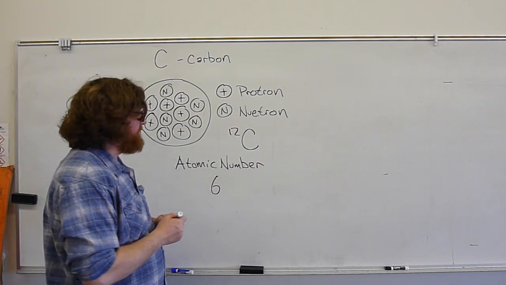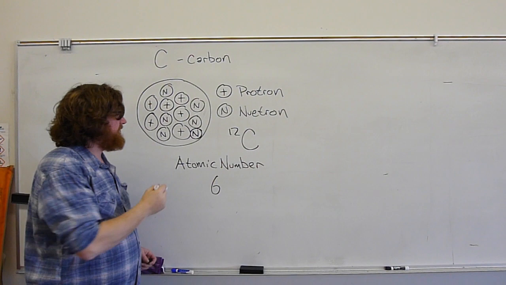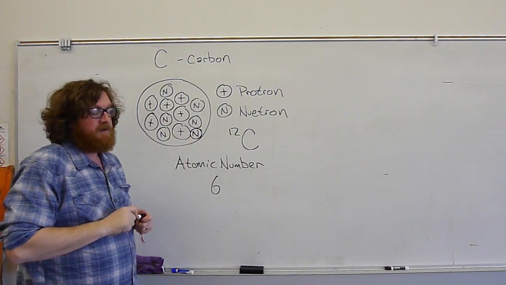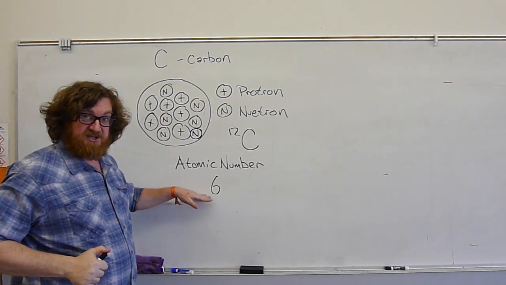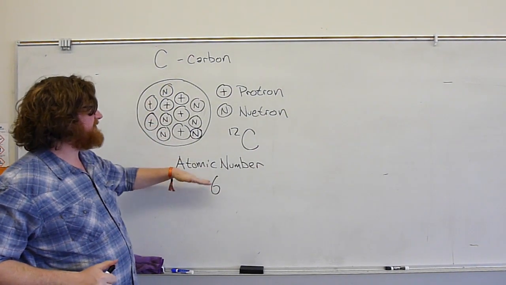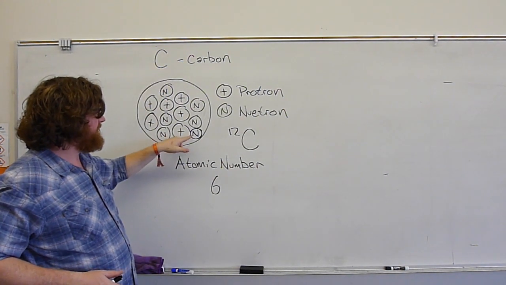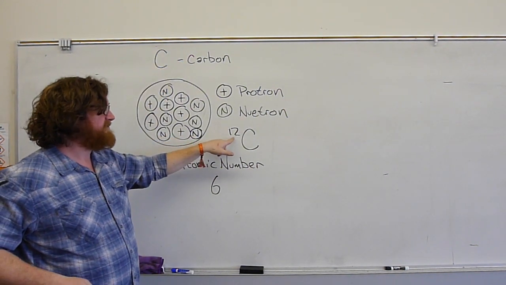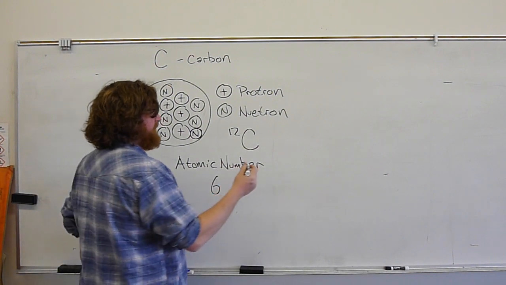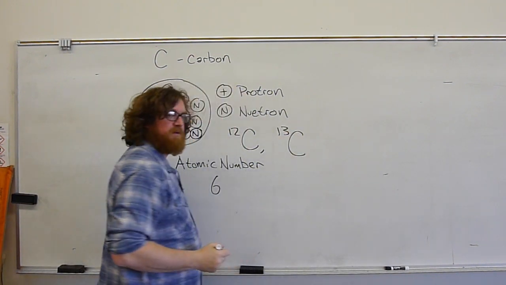But in other cases, there's an extra neutron. And in the case where there's an extra neutron, the atomic number doesn't change, right? Because we still have 6 protons. If it doesn't have 6 protons, it's not carbon, right? That's the definition of carbon. But here it's got an extra neutron, so it no longer has 12, it actually has 13.